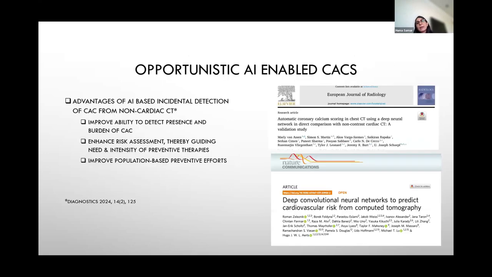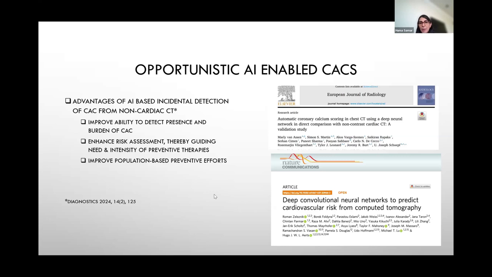More exciting than just being able to automate the calcium score in a gated scan is the ability to use AI algorithms that can give a calcium score not just on a gated cardiac CT, but on a chest CT that is done for any other reason.